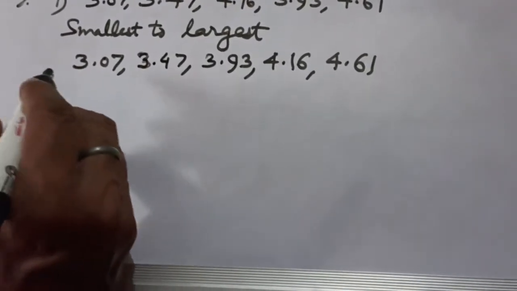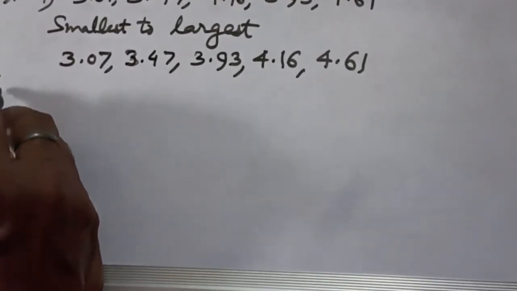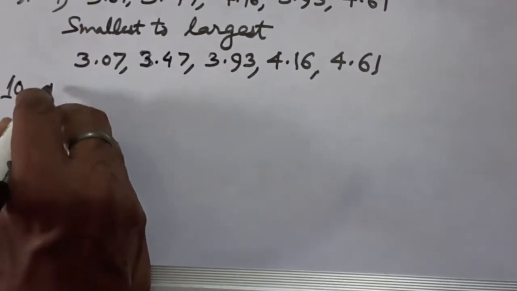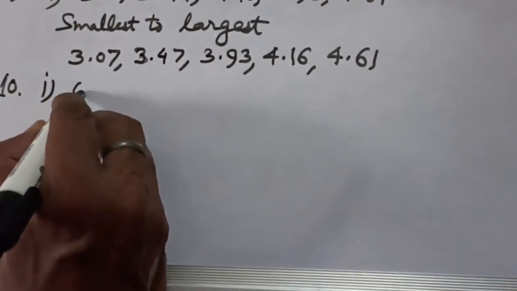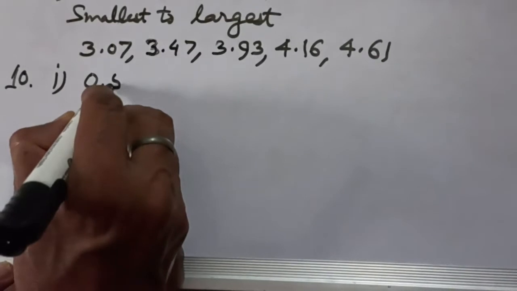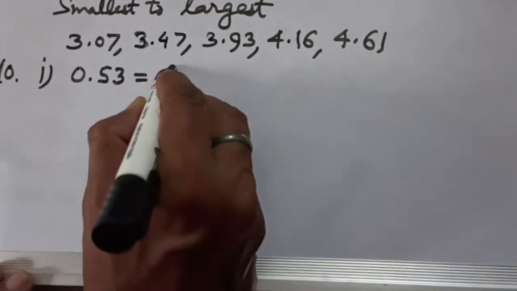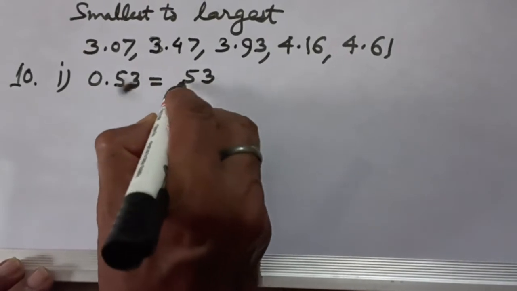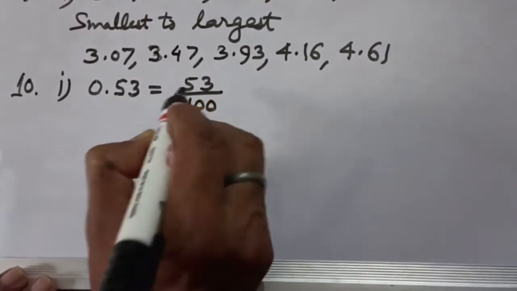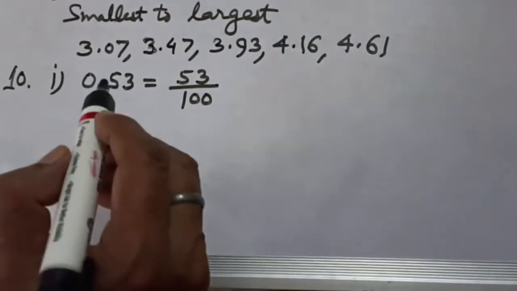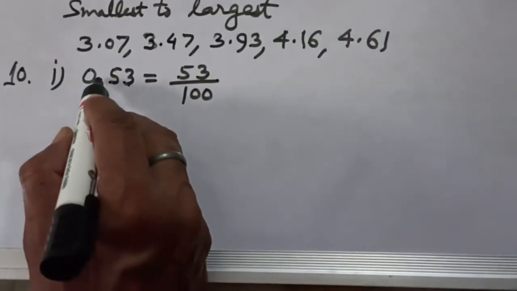Okay. Now question number 10. Write as fraction. First is 0.53. You see, 0.53 means 53 upon 100, because the decimal point is before two places, 1, 2.